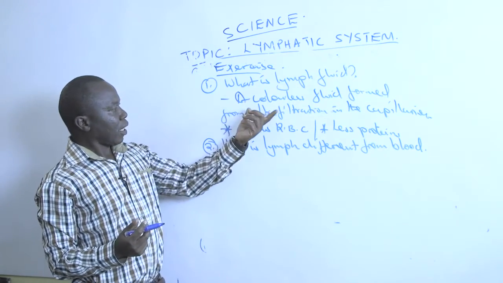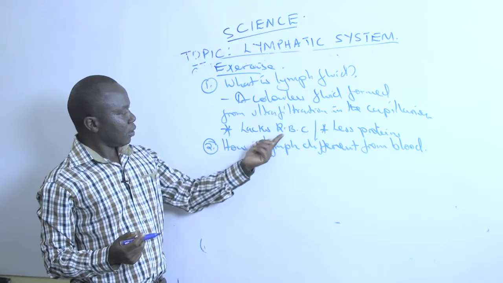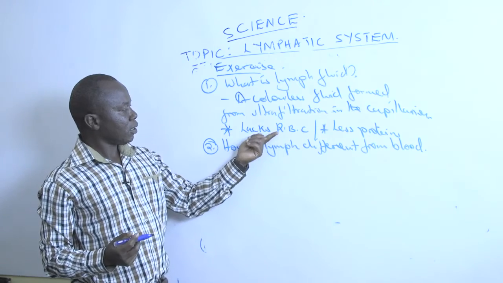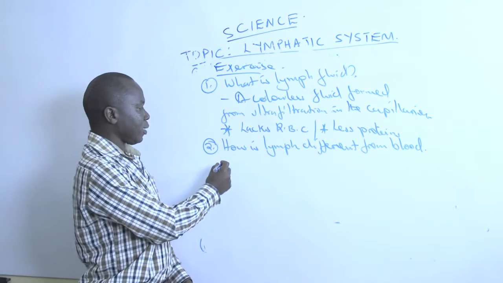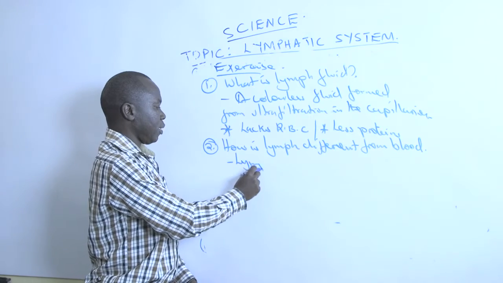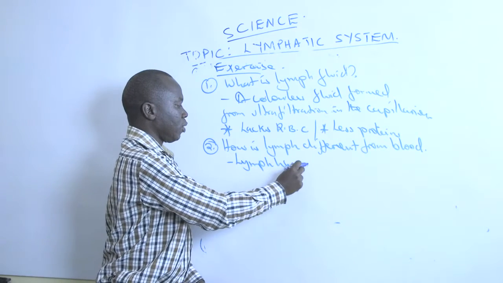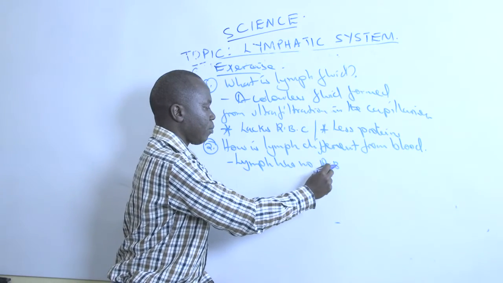One of the answers can easily come from this. Blood usually contains red blood cells, but lymph will lack the red blood cells.